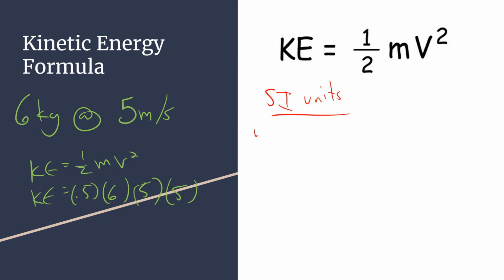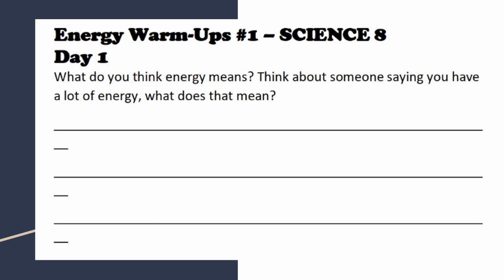As I said a couple of slides ago, the standard unit for weight is newtons. For mass, it's always going to be kilograms. So if I give you a problem and it has grams, you need to change those to kilograms. Like instead of saying 6 kilograms, I could say 6,000 grams.